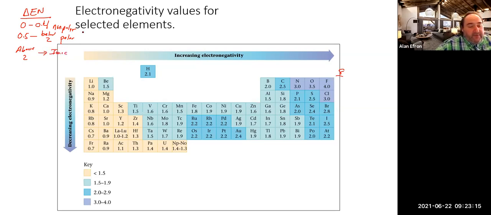Again, you really don't have to worry about ionic bonds, because if you can recognize it as a metal, non-metal, it's an ionic bond. Doesn't work 100% of the time, but approximately above 2 will give you that sort of ionic bond.